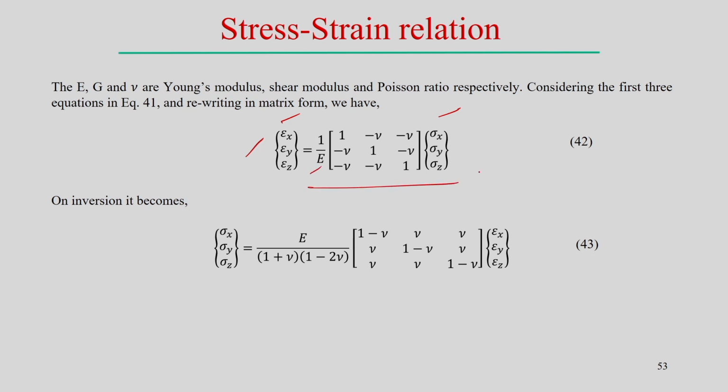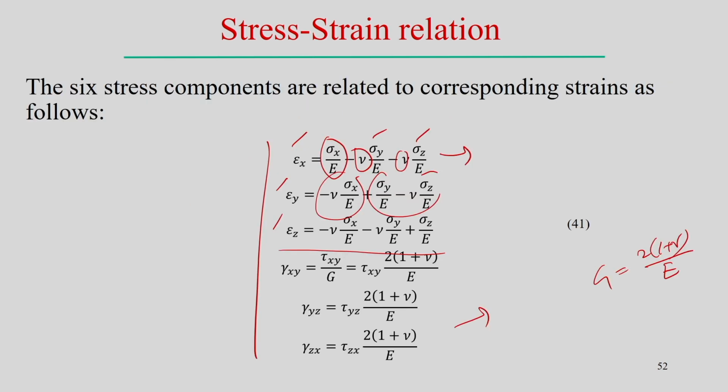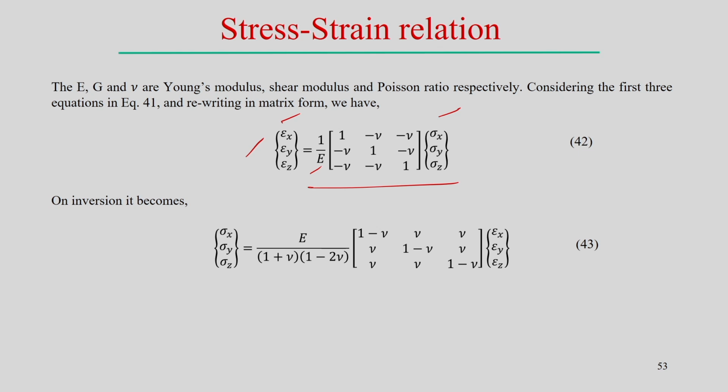In this case we consider the first 3 equations, and from these equations we write the matrix form, and then we can reach this kind of expression. This is the strain, with all the properties, the Young's modulus and Poisson's ratio, and this is the stress, which I represent in the form of a column vector.